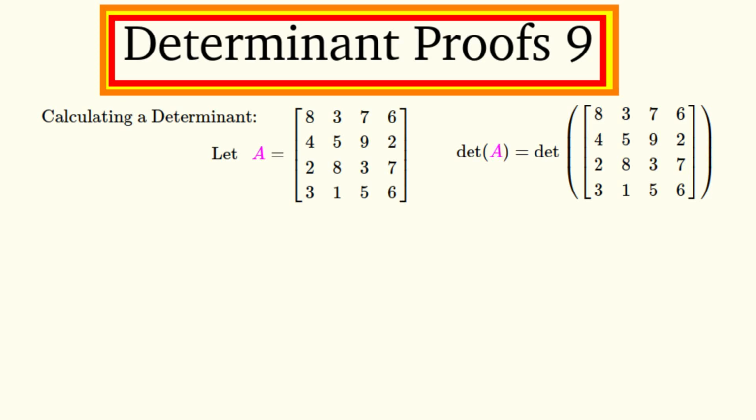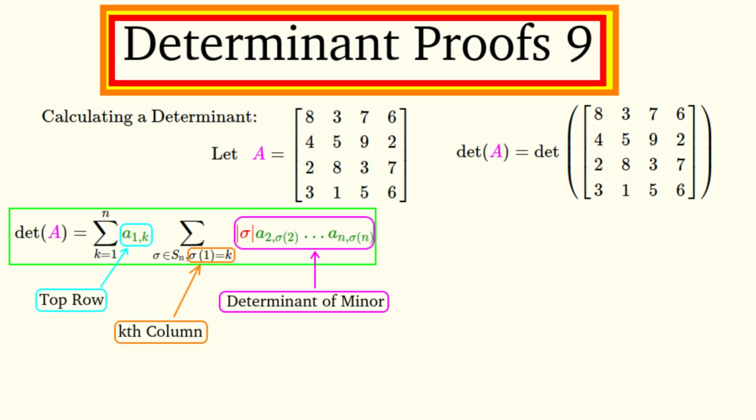Now to look at an example of how to calculate a determinant using minors and cofactors. We'll expand out this matrix using this other definition of a determinant that we eventually have to prove. The first sum tells us to look at each entry in the top row, and for each entry we'll get the determinant of the cofactor, which starts from the second row and leaves out the kth column, since sigma of 1 is equal to k.